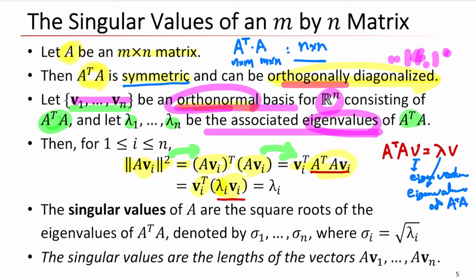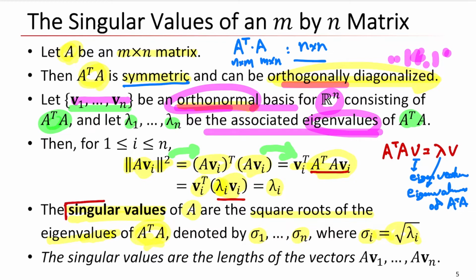Because this is an orthonormal basis, so this is just lambda i. So in this case, the singular values of A are the square roots of the eigenvalues of A transpose A, denoted by sigma 1 through sigma n, where sigma i is the square root of the eigenvalue, right? So this is just the definition.